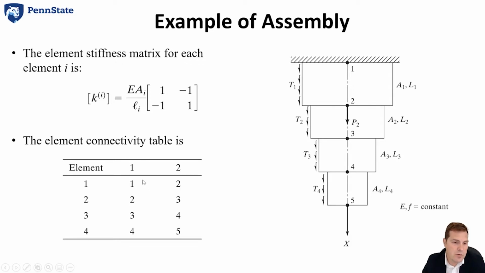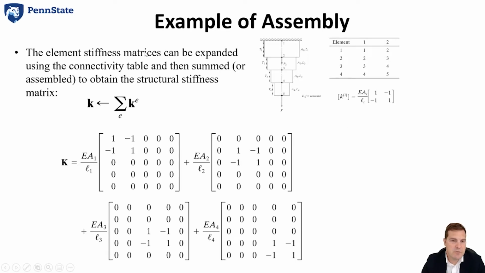Note that in the future we get more tricky, so we'll mix this up. There's no reason we have to have node numbering 1, 2, 3, and 4. We could have 1, say, 3, 2. That node numbering, where you place it, is arbitrary. I know that adds another level of complexity that we'll talk about later. The element stiffness matrices can be expanded using the connectivity table and then summed.